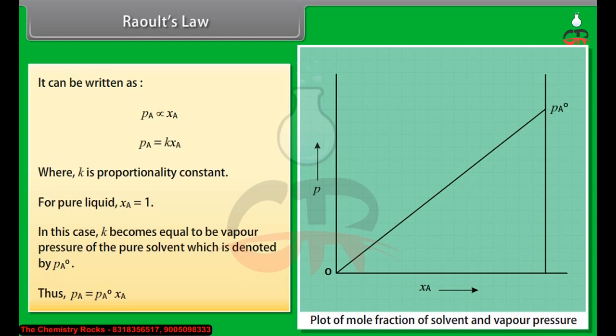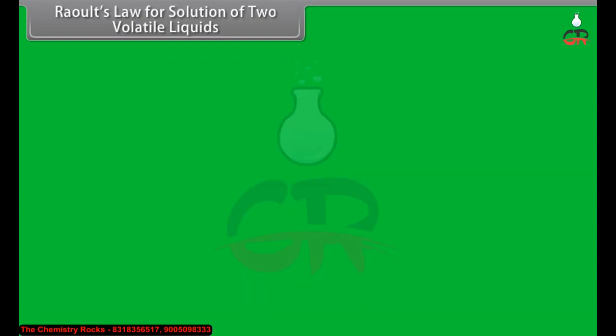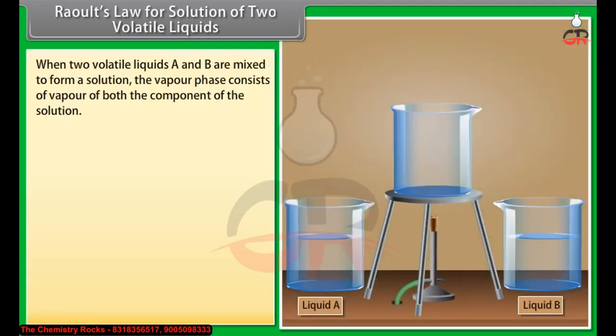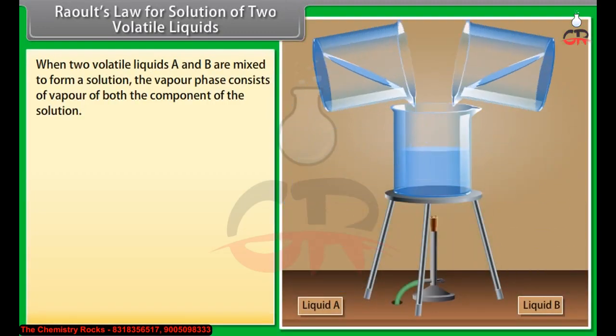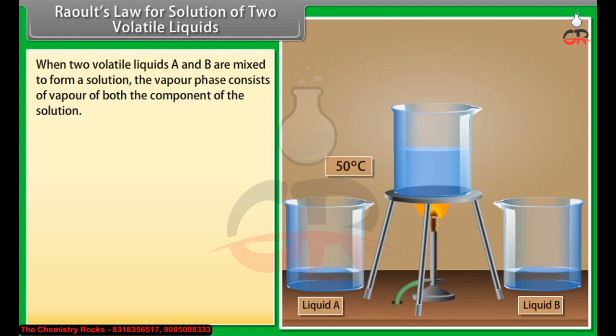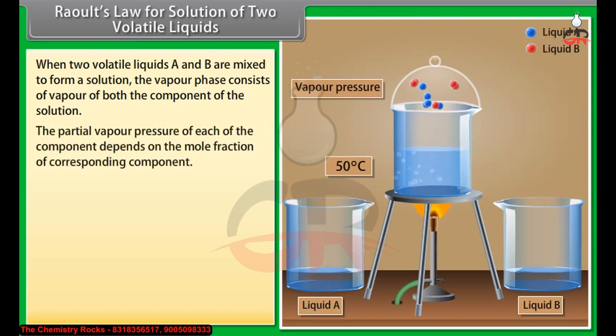Raoult's law for solution of two volatile liquids. When two volatile liquids A and B are mixed to form a solution, the vapor phase consists of vapor of both the components of the solution. The partial vapor pressure of each of the component depends on the mole fraction of corresponding component.